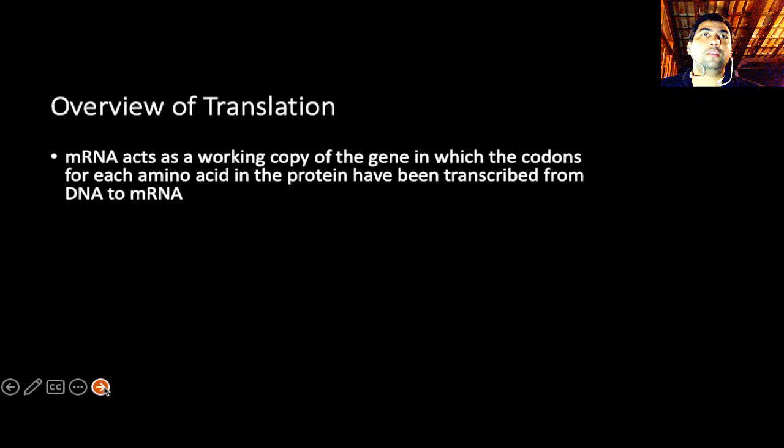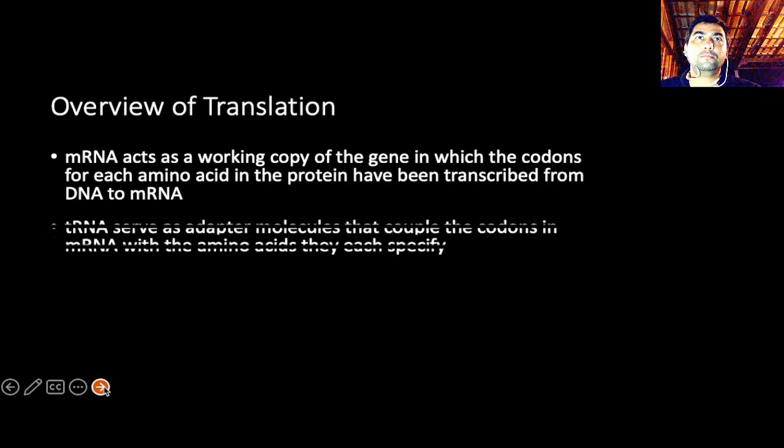mRNA acts as a working copy of the gene, in which the codon for each amino acid in the protein has been transcribed from DNA to messenger RNA. Transfer RNA serves as adapter molecules that couple codons in messenger RNA with the amino acids they each specify.